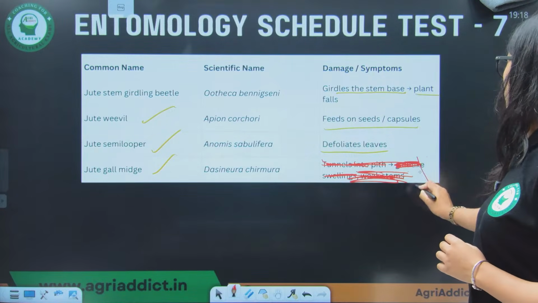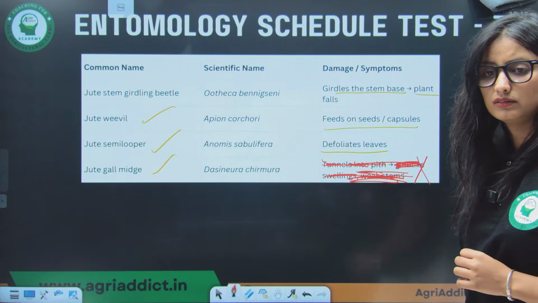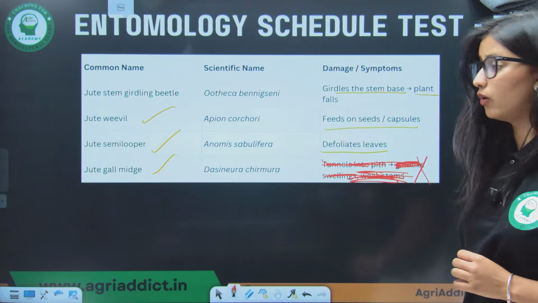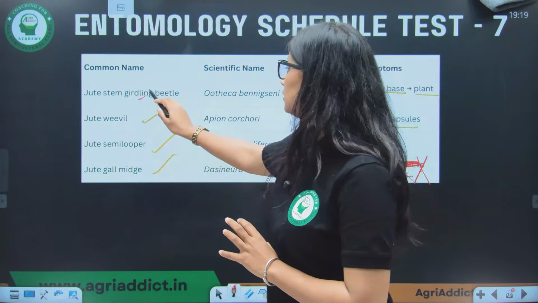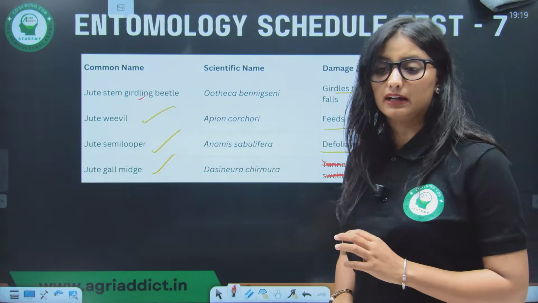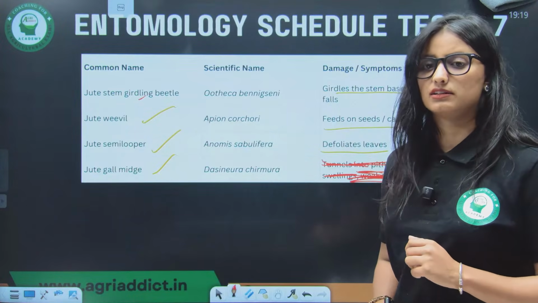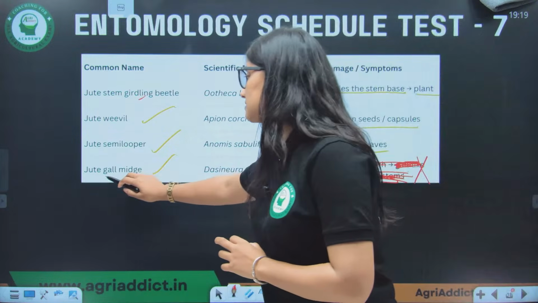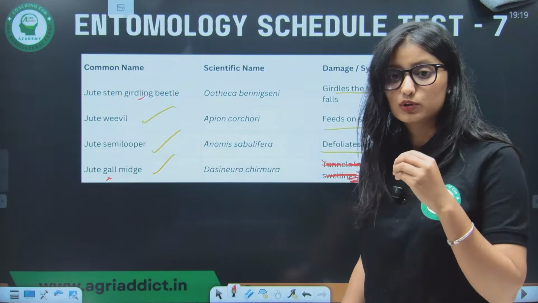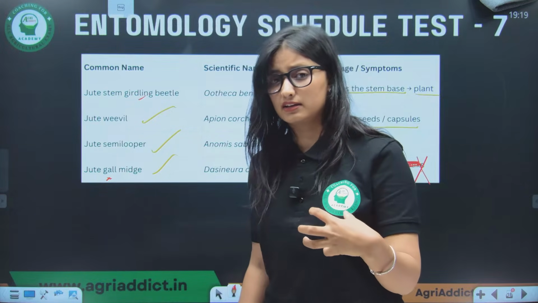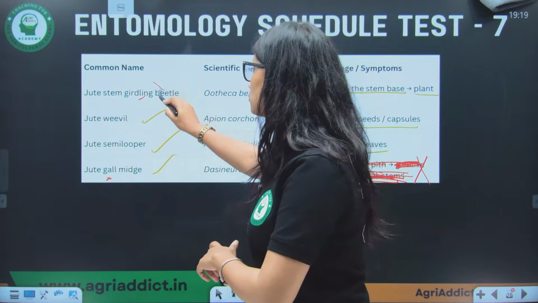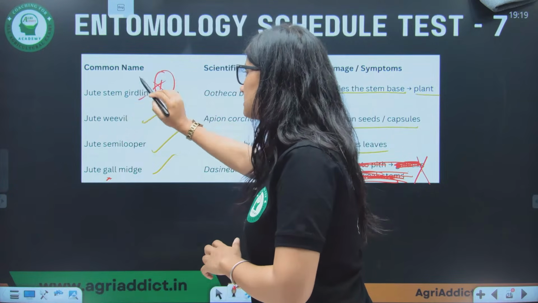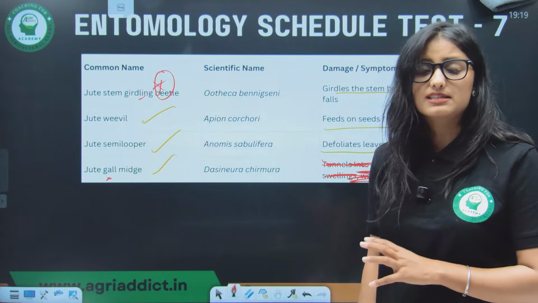So gall-like swelling is in which case? Jute stem girdling beetle. This is the correct answer. You will confuse it with jute gall midge because midges make gall-like structures. But in the case of jute, this symptom is caused by jute stem girdling beetle. Is it clear?